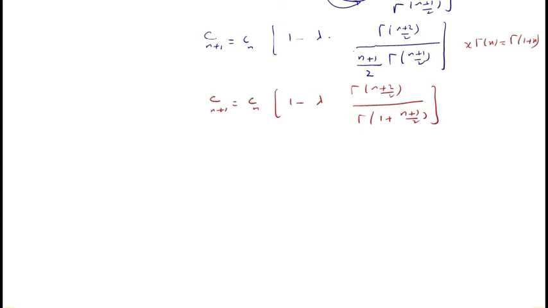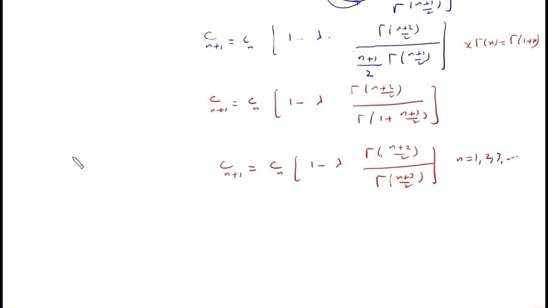One more step of simplification will lead us to C_{n+1} is equal to C_n (1 minus lambda) gamma (n+2)/2, and in the denominator gamma of (n+3)/2, where n will start from 1, 2, 3 and so on, and I have C_0 equal to 0 and C_1 is equal to 1.